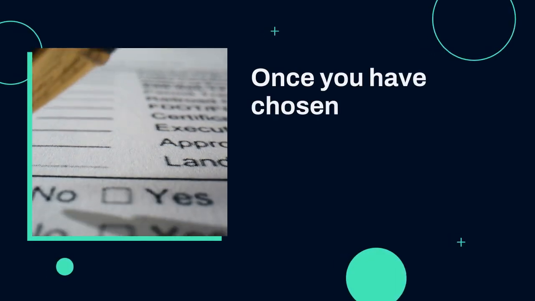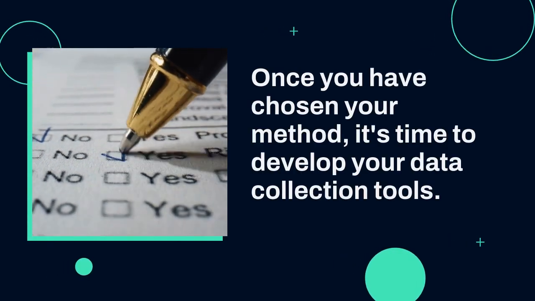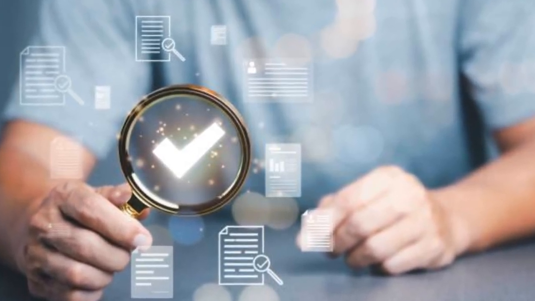So once you have chosen your method, it's time to develop your data collection tools. Let's look at some examples. Design your survey with straightforward, concise questions. Use a mix of open-ended and closed-ended questions to gather both quantitative and qualitative data.